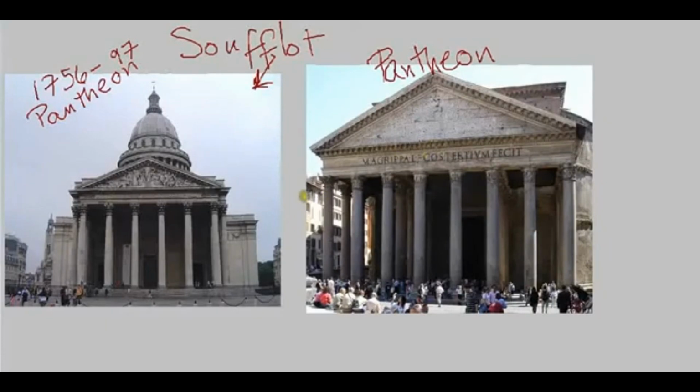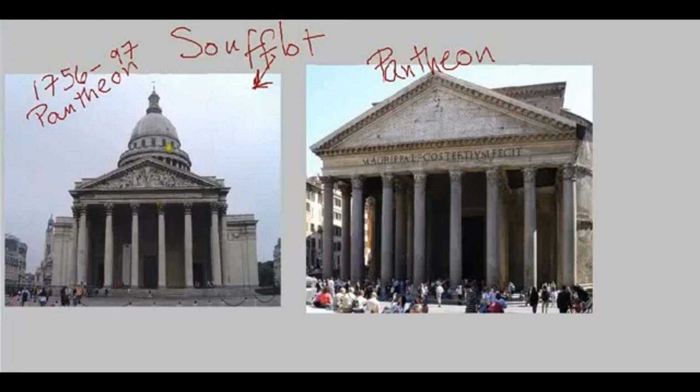And one of the most striking things to my eye is the sense of weightiness in the original antique Pantheon. It's this massive, imposing, heavy-seeming building. Whereas Soufflot's version has this delicate, elegant, airy, and light adaptation.